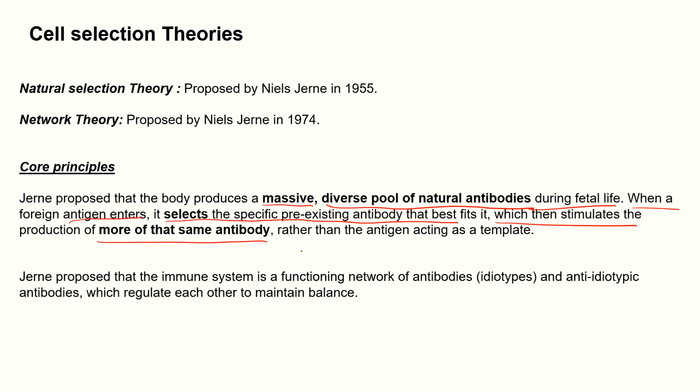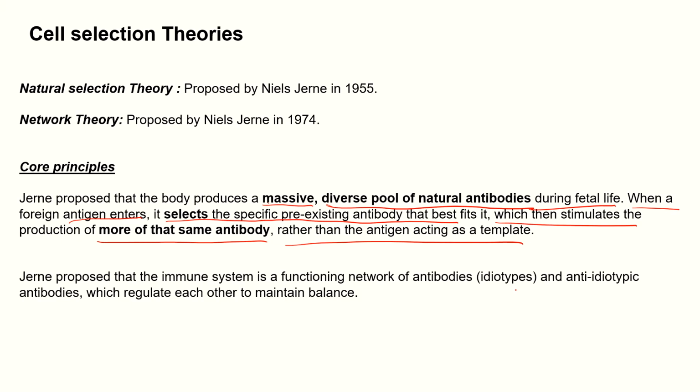These are based on the first model, where the pool of antibodies can select one antigen. So it is rather a specificity at the very early stage, and it does not depend upon the antigen as a template. The antigen may not act as a template for the generation of antibody.